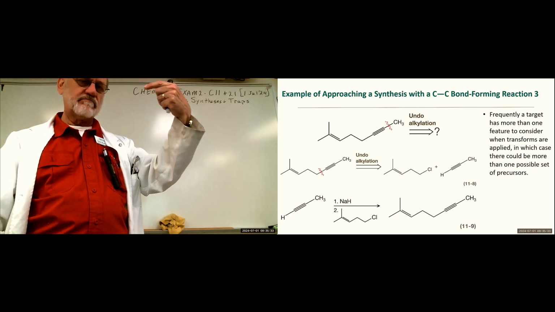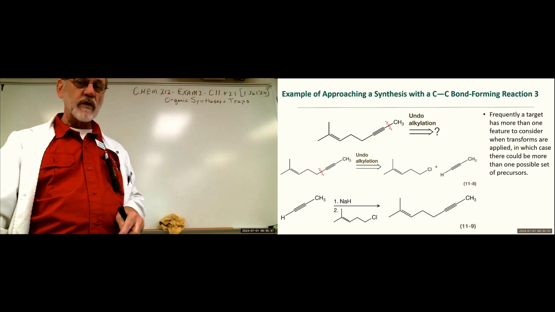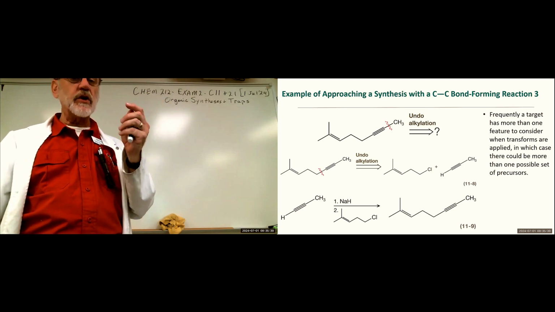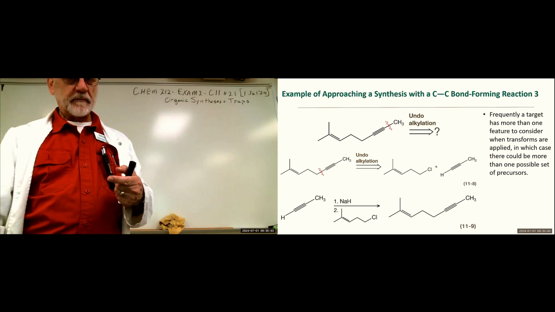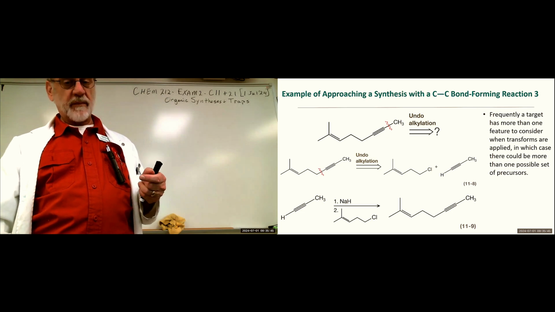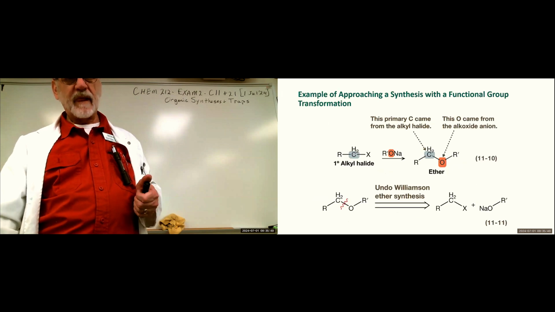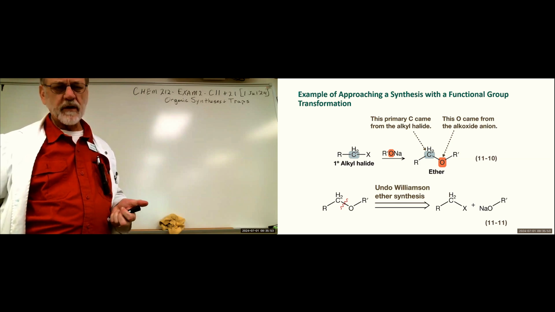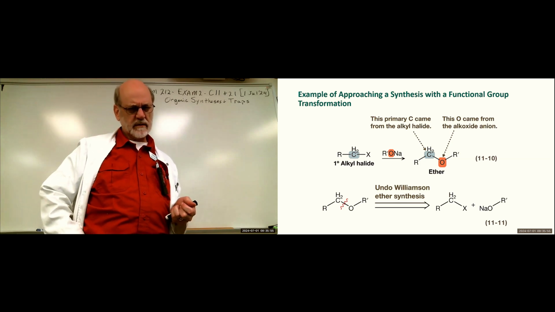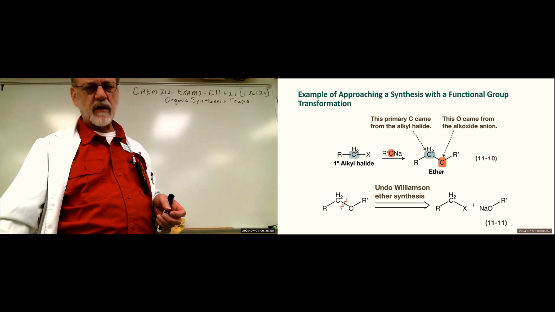All right, so we use the first method for forming a carbon bond, but we chose the point of breakage. We chose the precursors actually that would work the best. So what if we're going to change a functional group? This primary carbon came from the alkyl halide.